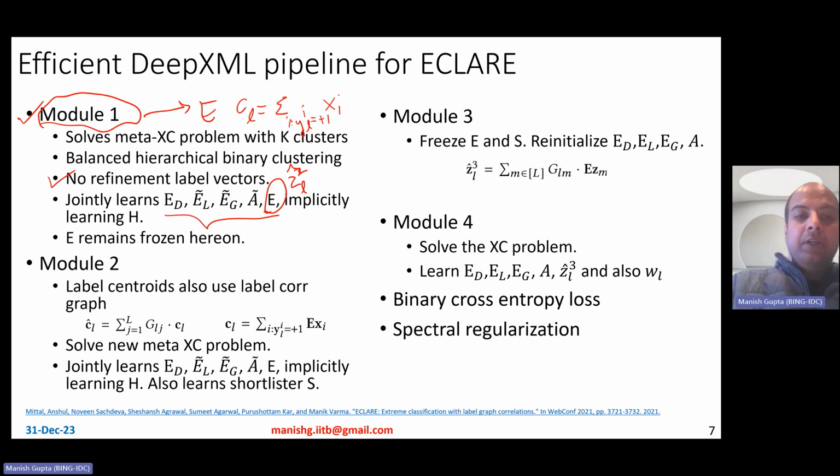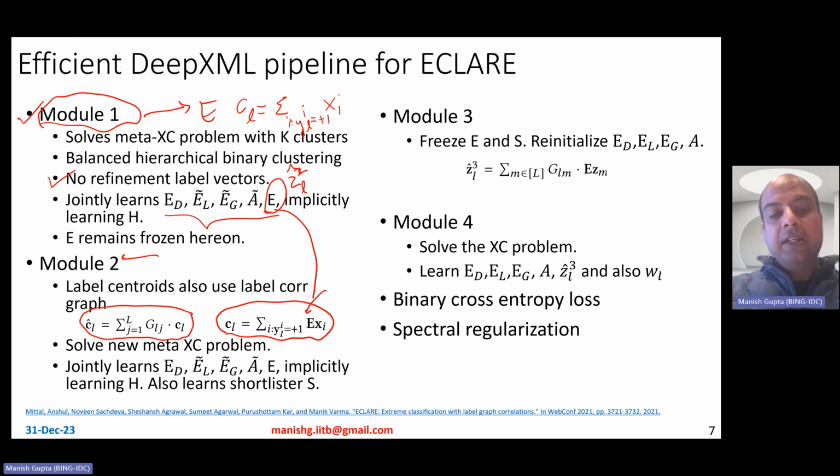Okay. But in module 2, just like in DECAF, you have the embedding matrix, which has been learned from module 1, so you use that. But you do one more interesting thing: you enrich these label representations using the label correlation graph that you have trained as part of module 1 itself. So in module 2, you use these as your label representations.